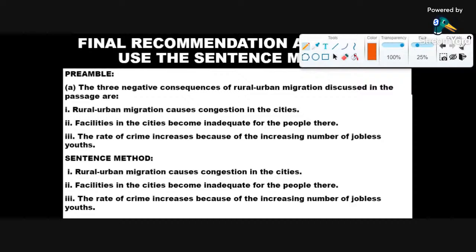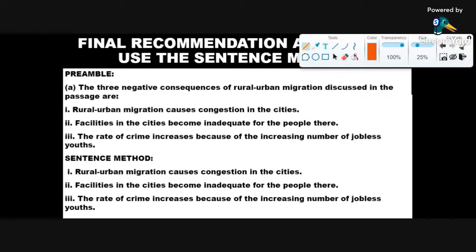Now, if a preamble is simply an opening statement, which is not compulsory, by the way, indicating your answers, explaining that what is going to follow will be the answers to this question, that's what a preamble does. And your answer should be in sentences. Now, should you not present your answers in sentences?